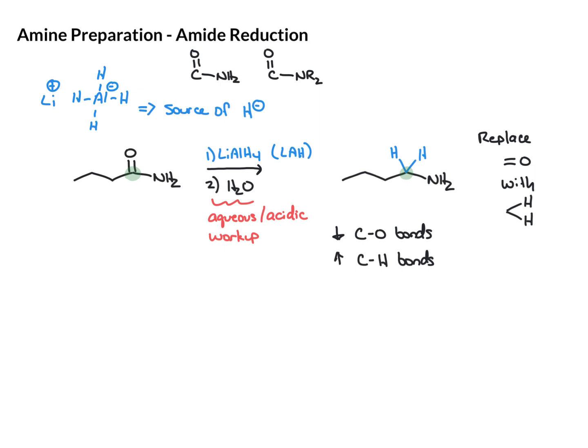Now in this video, we're not going through the mechanism for how this happens, but through nucleophilic addition, this hydride adds to that electrophilic carbonyl carbon. That happens twice, ultimately replacing the oxygen with the hydrogens. Now this doesn't just have to be NH2. This can be any type of amide. So let's look at one more.